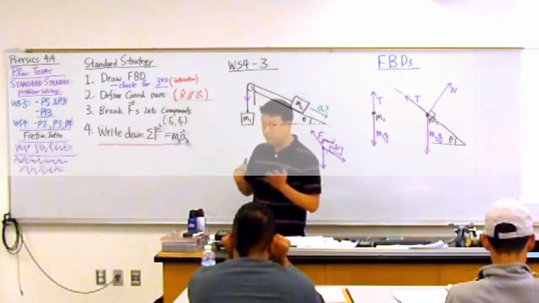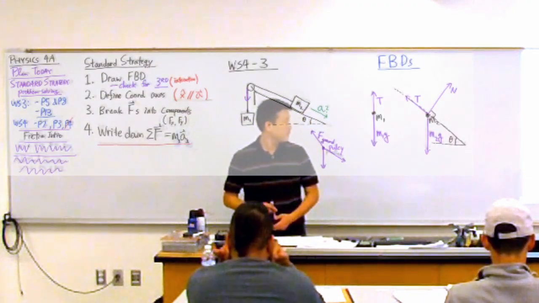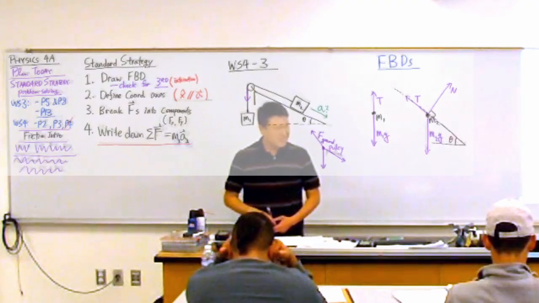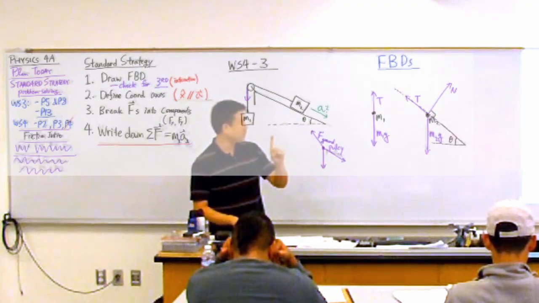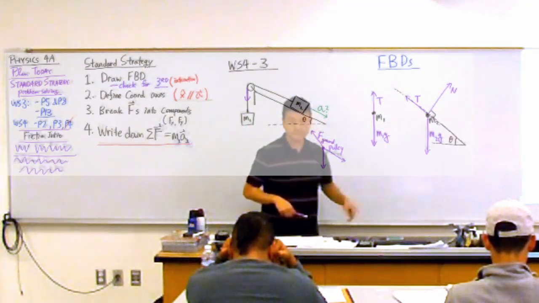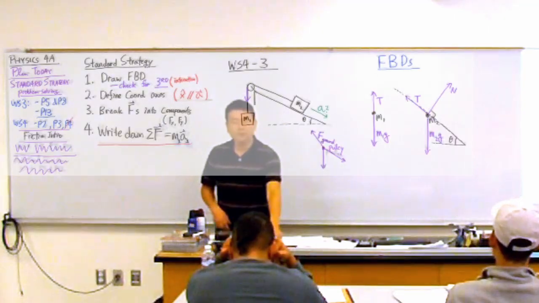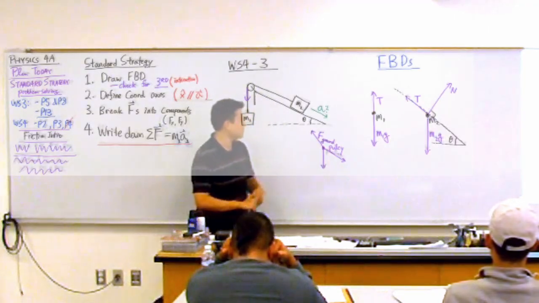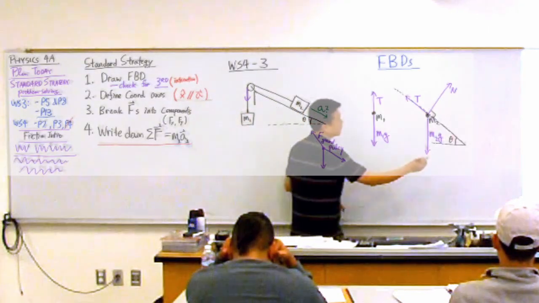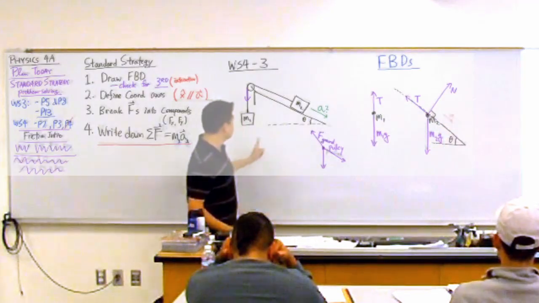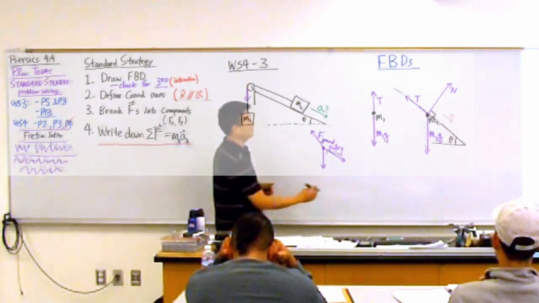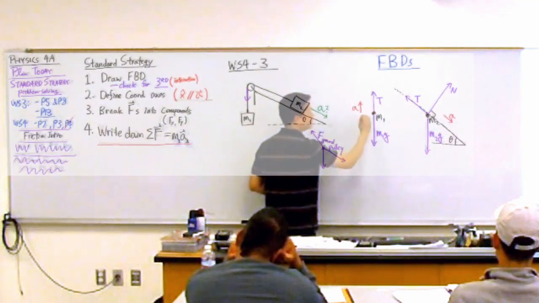So I need to define my coordinate axis. Is there one axis that will work for both objects? Once you start looking at the acceleration, this is my assumed direction of acceleration, so that means this must be accelerating upward. They're not in the same direction.